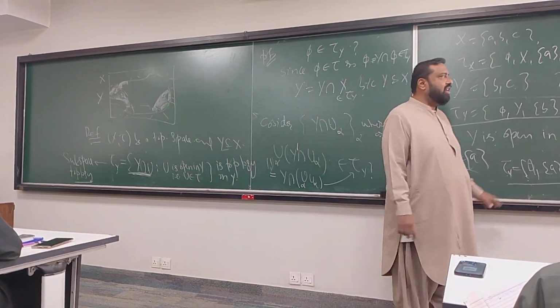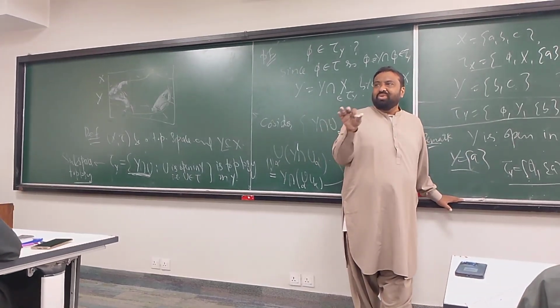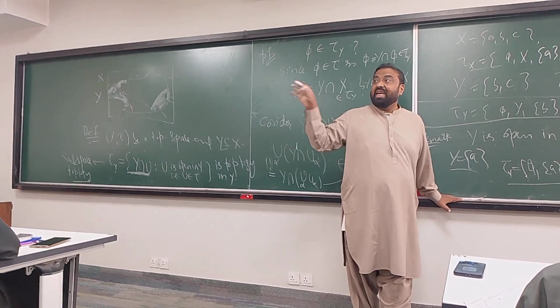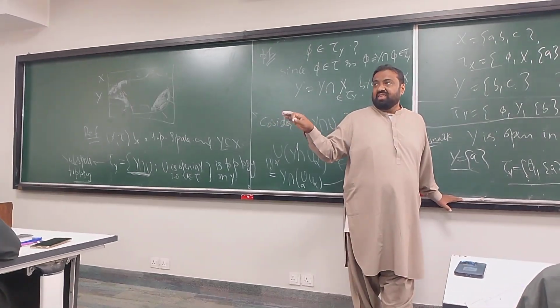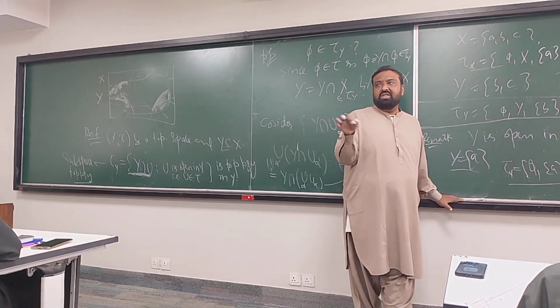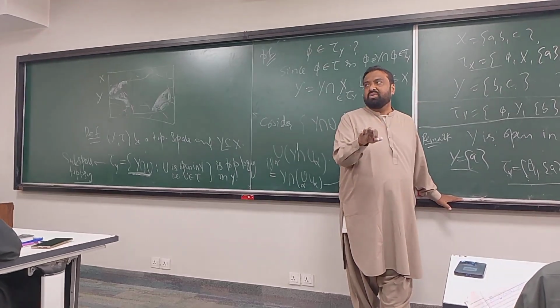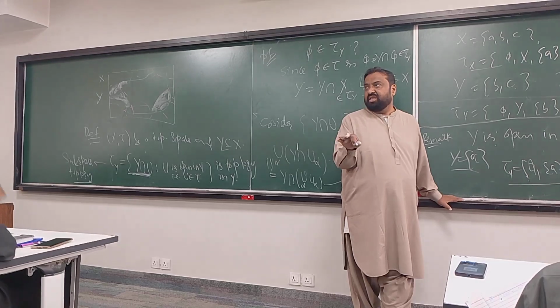But for having a coarser topology, you have to be careful that you need to have topologies on the set X actually. ठीक है, comparison आप तब कर सकते हैं कि जब दोनों topologies जिनको आप consider कर रहे हैं वो दोनों subsets हों किसके? X के, ठीक है?